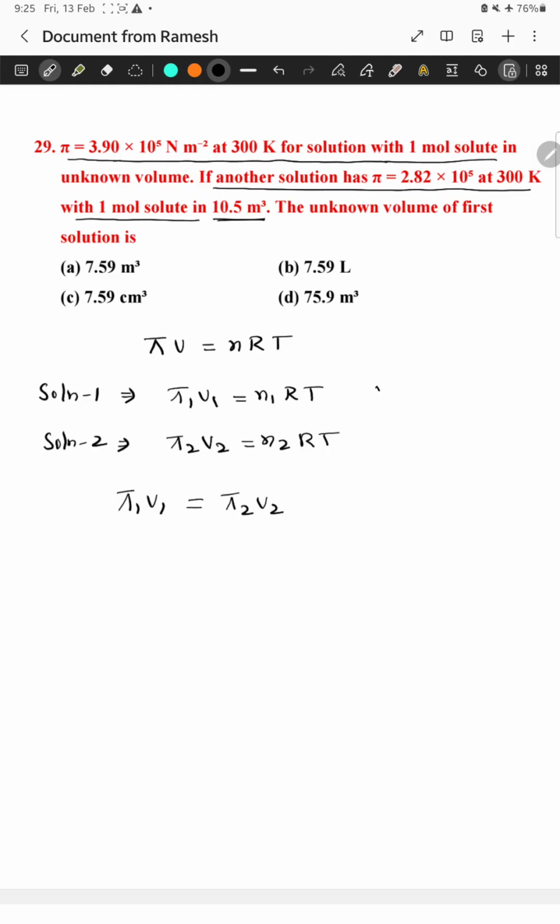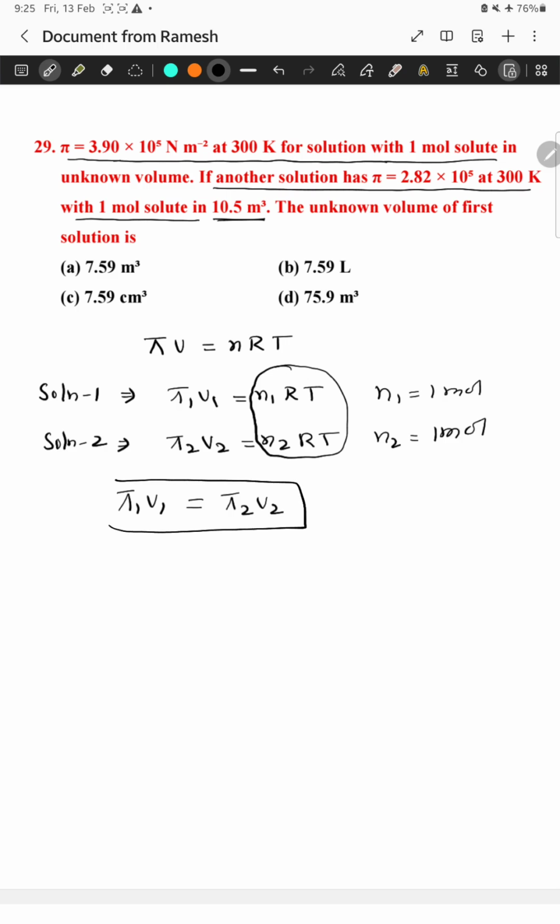Now we have to find the volume V1. So V1 equals pi 2 V2 divided by pi 1.